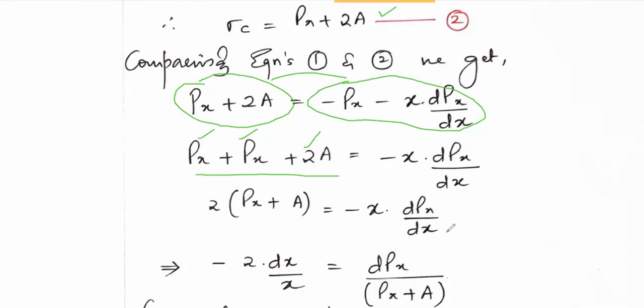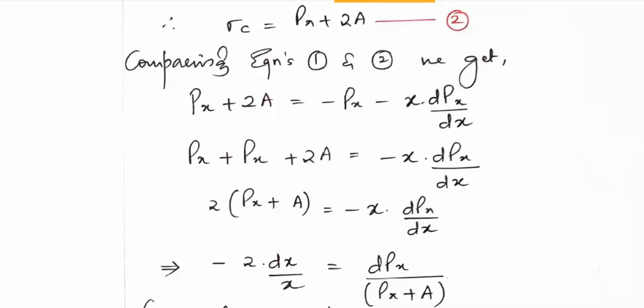Now make the x terms on one side, so it is minus 2 dx divided by x, with a negative sign. The remaining term will be dPx divided by Px plus a.